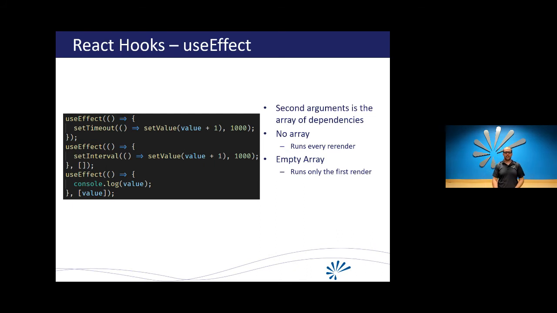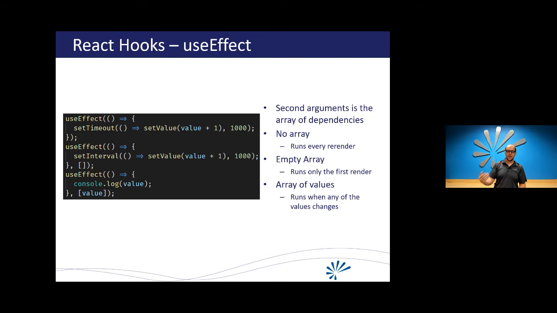An empty array is an empty array. It has no dependencies, so the dependency array is never going to change. So the effect is only going to run when the dependency array changes, which means since there's no dependencies, it executes once. And if you pass in values into that dependency array, the effect will execute every time the component re-renders, and the value has changed in the dependency array since the last render.